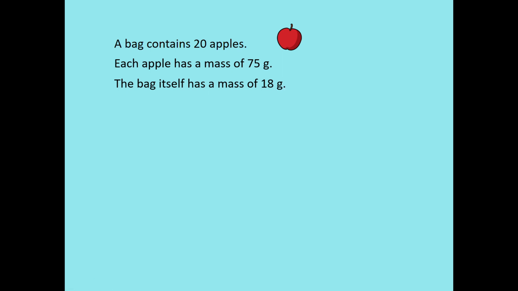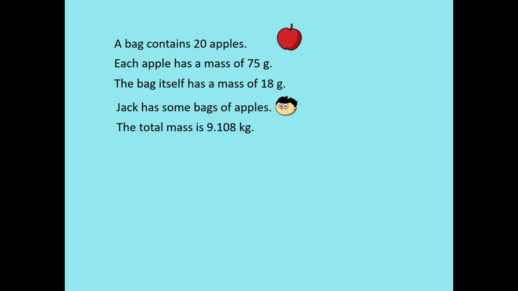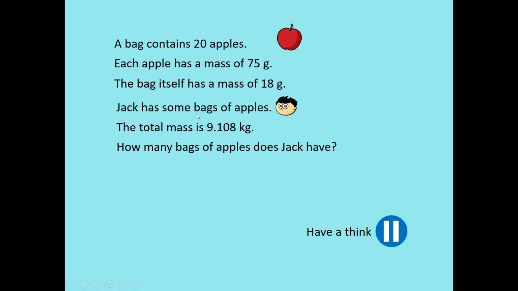What would I add? Jack has some bags of apples. The total mass is 9.108 kilograms. How many bags of apples does Jack have? How can I use this information to find out this? Have a go and pause when you're ready to hear the solution.